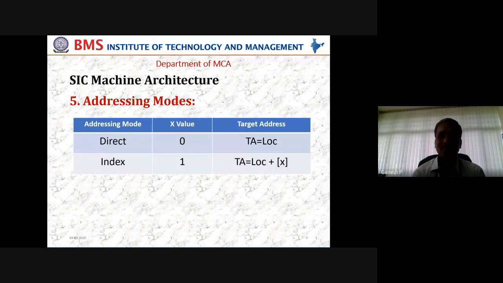Either way, the user does not have any control over where the program is going to be loaded. But in assembly language we have some room to specify, though that may not be considered by the operating system in real time. So whatever location you specify as part of the instruction, if it is a direct address, that address will be considered directly.